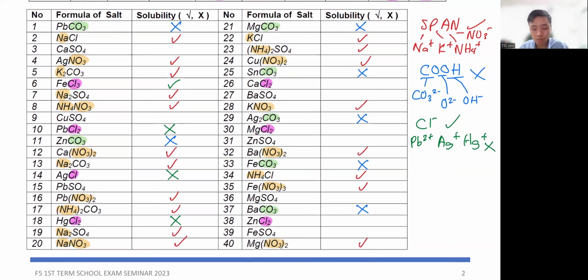So after that, you have to tick except Pb, Ag, Hg. So tick, tick, tick. So these three are insoluble. 1, 2, 3, for PbCl2, AgCl, HgCl2.